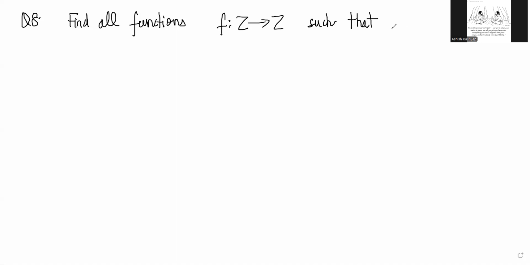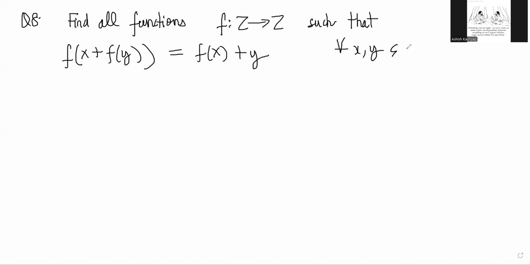The question says, find all functions f from Z to Z such that f of x plus f of y is equal to f of x plus y for all x, y belonging to Z. Okay.